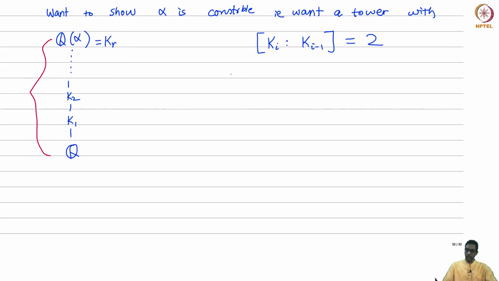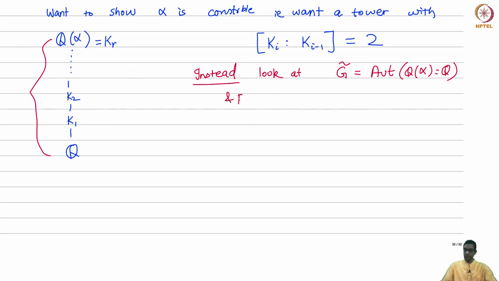So we'll instead look at the level of the Galois group instead of subfields. Instead consider the Galois group G tilde, which is of Q(alpha) over Q. Now what do we know about this? And we'll produce a tower of subgroups, or a chain of subgroups.